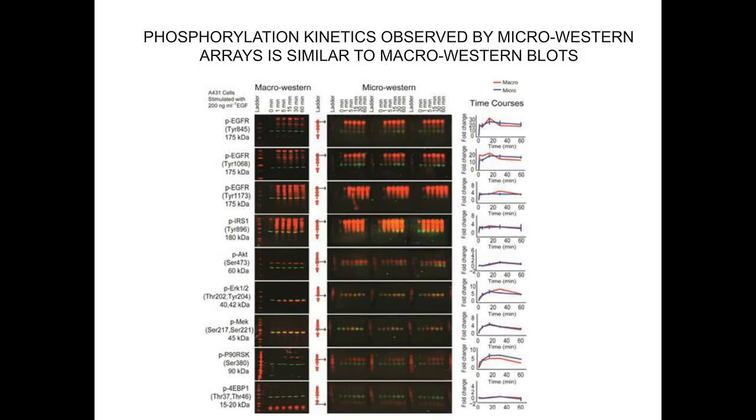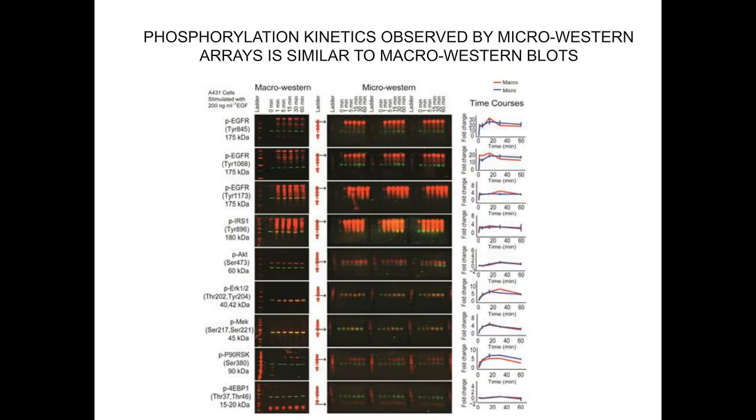So in this study, we just compared the response to growth factors of A431 cells stimulated with epidermal growth factor at either 0 minutes or 60 minutes, and we probed for beta-actin to measure just total protein content in the green channel.